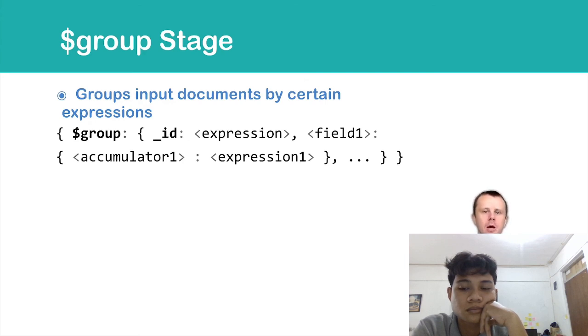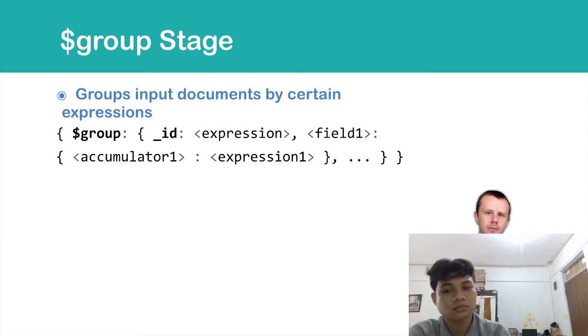This object contains key value pairs, where keys are field names and values are expressions. _id is a mandatory field. Others are optional. In this example, you see field1 that has a value of an accumulator and expression. We will talk about accumulators later on, and now we'll focus just on the one field _id.